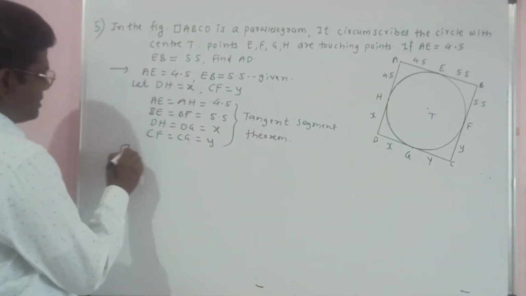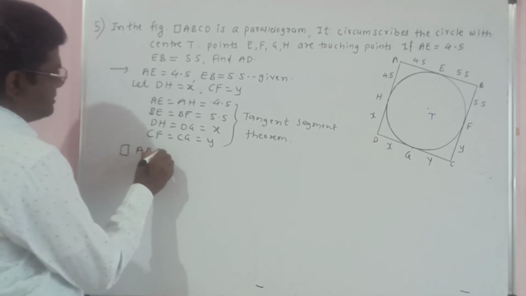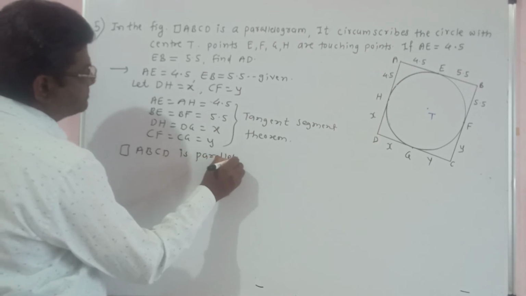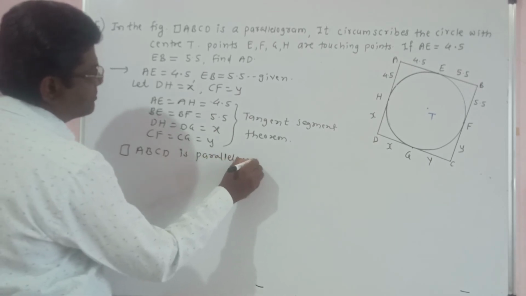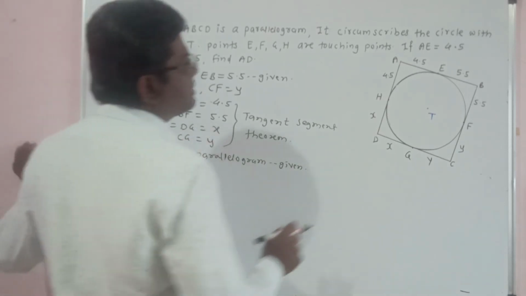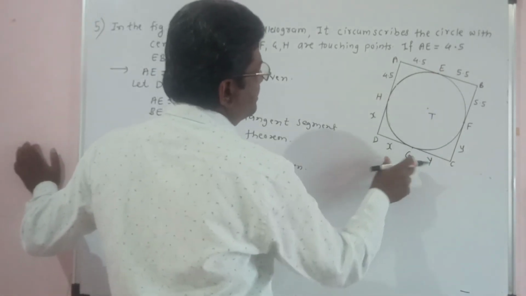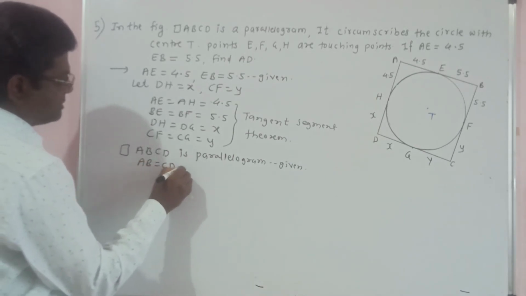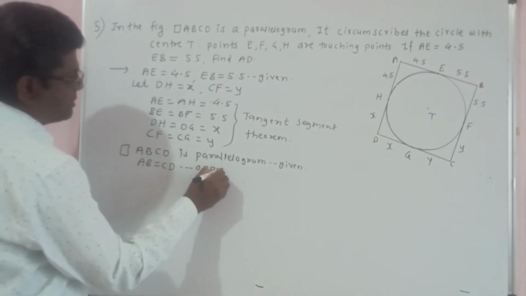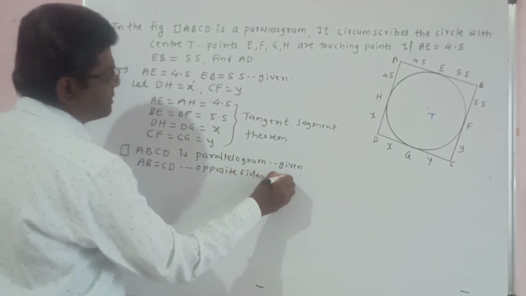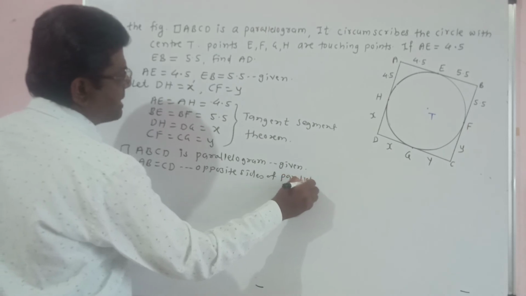Now, quadrilateral ABCD is a parallelogram. It is given. Therefore, AB is equal to CD. Reason is opposite sides of a parallelogram.